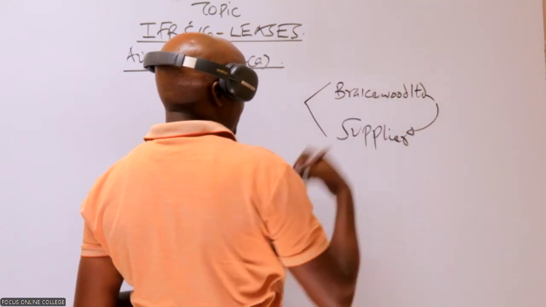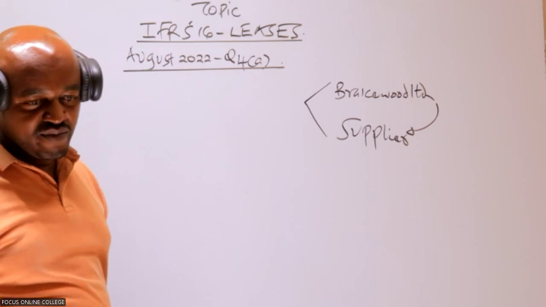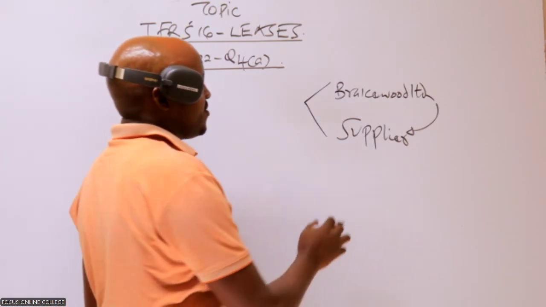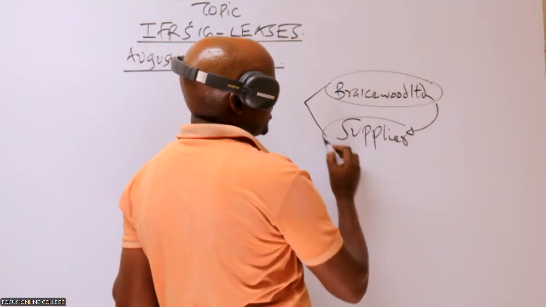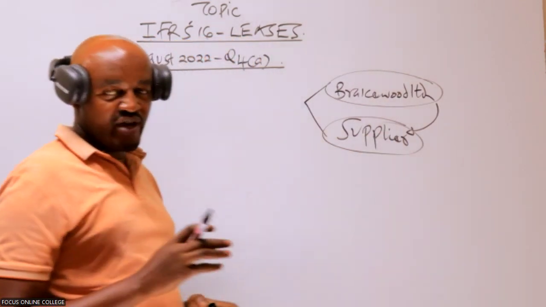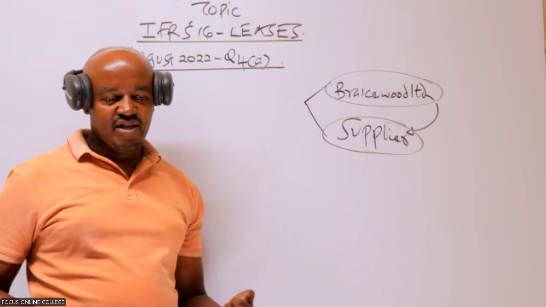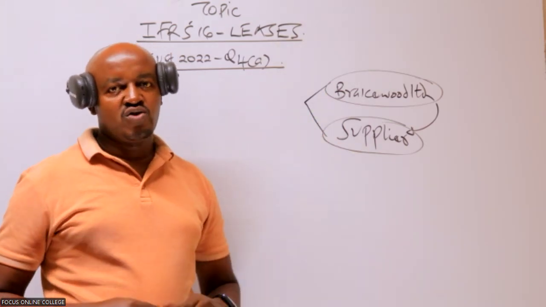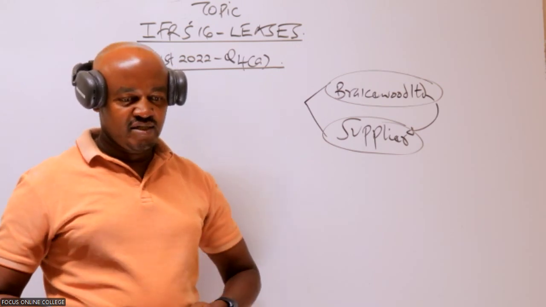The first thing you need to do, even before you proceed to analyze how this transaction will be accounted for, is identify who is Breakwood Limited and who is the supplier. Remember, you have said in a lease, we have two parties: the owner of the asset, who is called the lessor, and the lessee. Now, out of these two parties, Breakwood Limited and the supplier, who owns the asset?